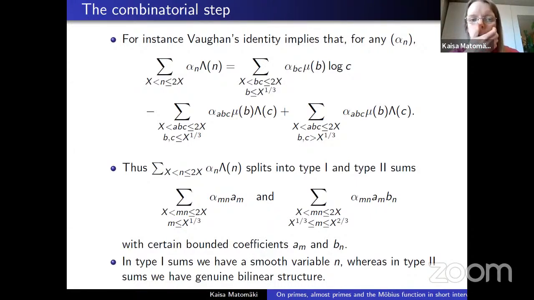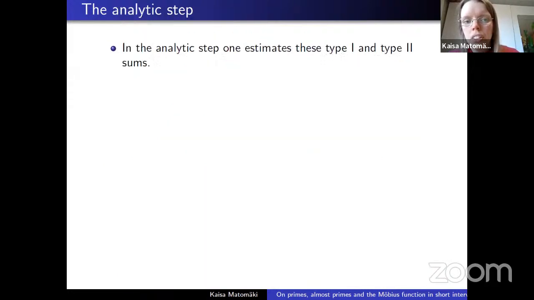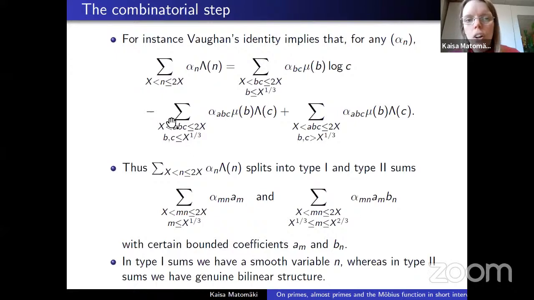Before going into that, I should mention that there's a similar identity for the Möbius function. It can also be written as type 1 and type 2 sums, just like the one Monod function. And there are various different identities one can use. Instead of Vaughan's identity, one can use Heath-Brown's identity, which is a bit more flexible in terms of the sums that one gets.